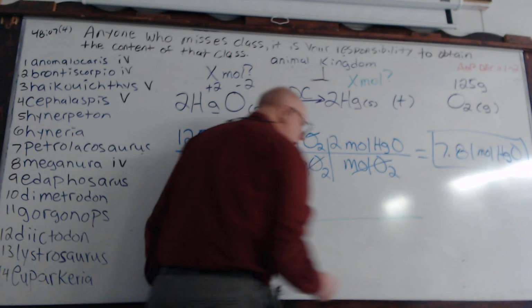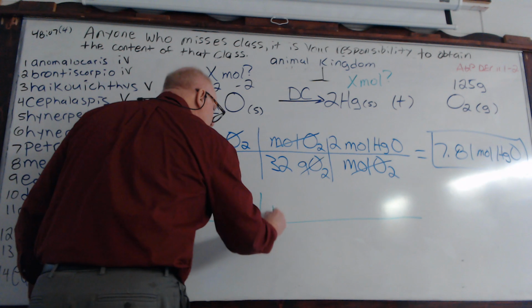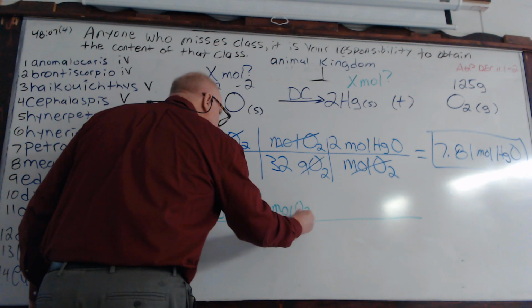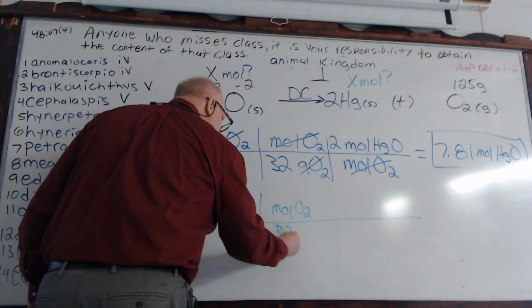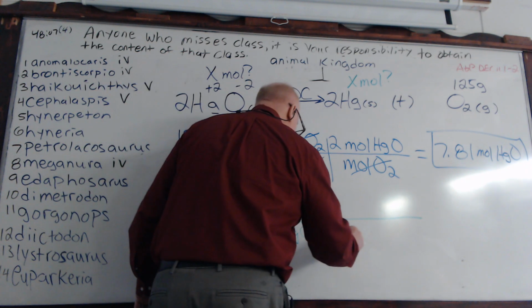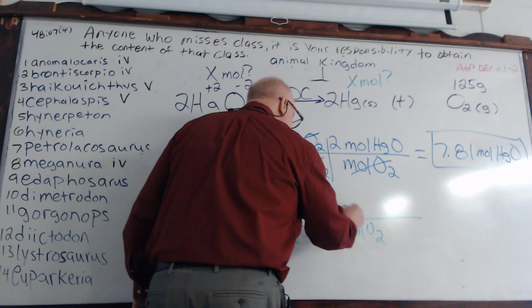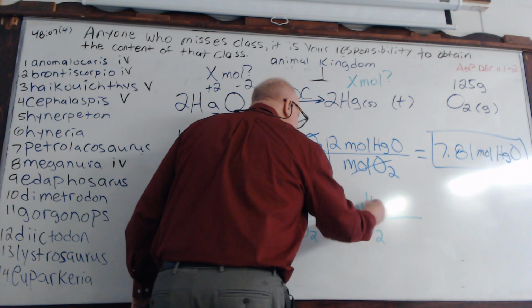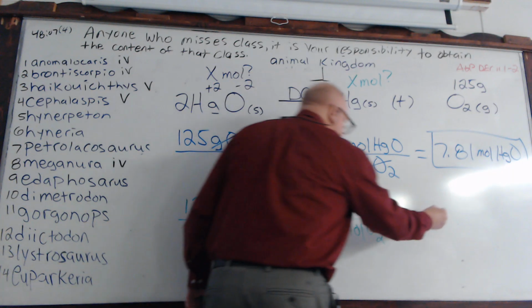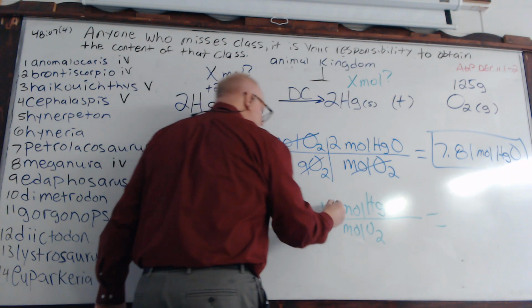We know that for every mole of O2, you get 32 grams of O2. Then for every mole of O2, we get a mole of mercury, until we look back at our equation, and what does this tell us? We have to put a 2 here.